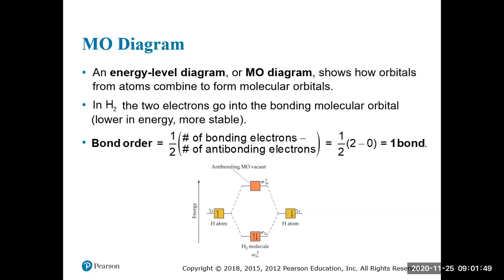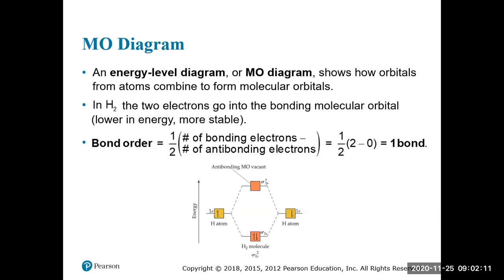That's in that sigma 1s down at the bottom. We have no anti-bonding electrons. That's the anti-bonding molecular orbital above. So that would be 2 minus 0, which is 2. And then half of that equals 1. So that tells us that the bond order is 1 bond.